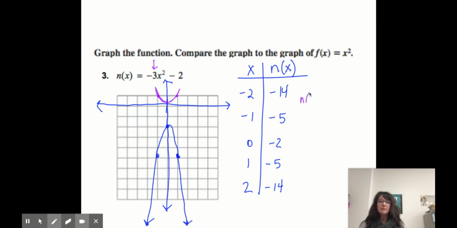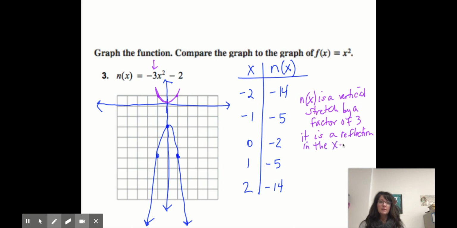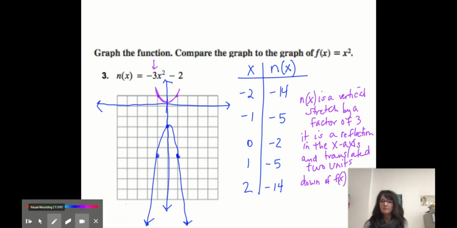So n of x is a vertical stretch by a factor of 3, is a reflection in the x-axis, and the vertex is translated 2 units down of f of x or the parent function. Okay, so make sure that you can explain all of that.